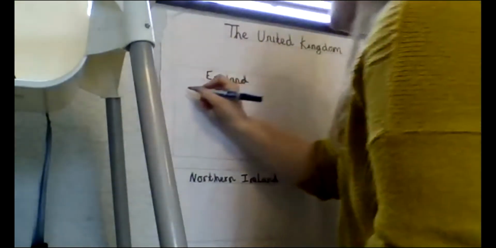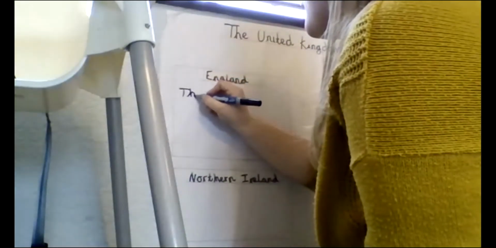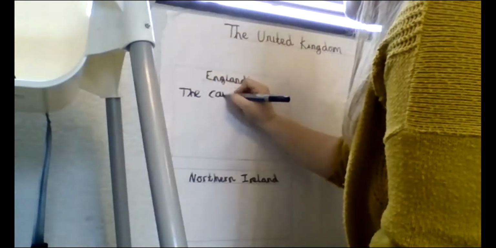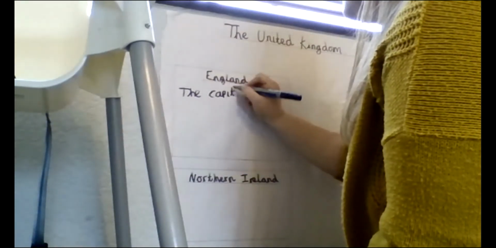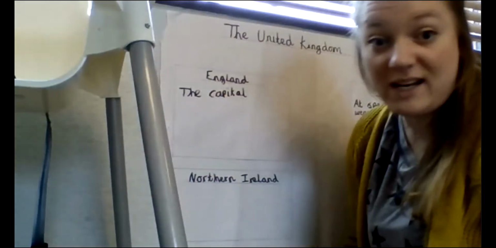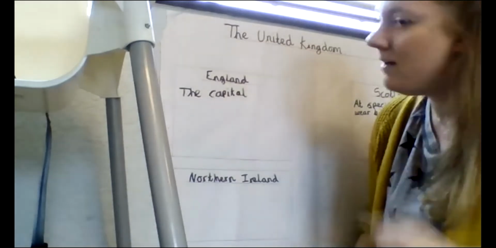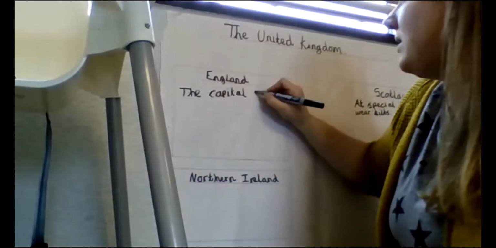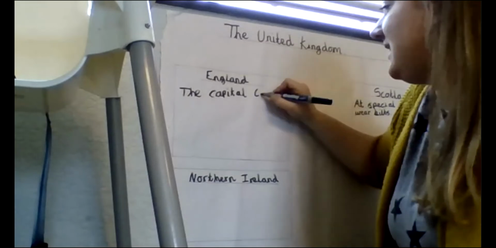Okay. Capital letter. The capital city. Now, city is a funny word because when you Fred talk it, it starts with an S. It doesn't start with an S. It starts with a C, but we pronounce it city.